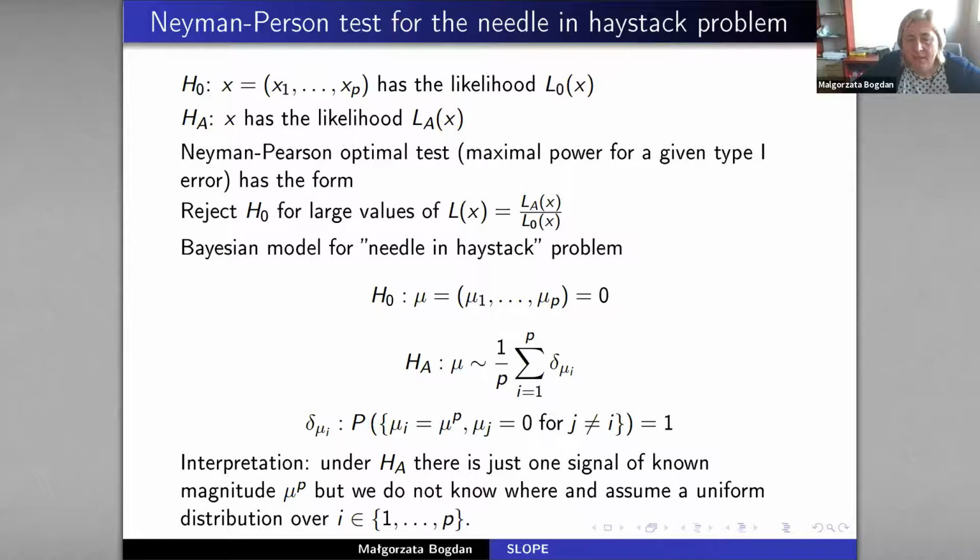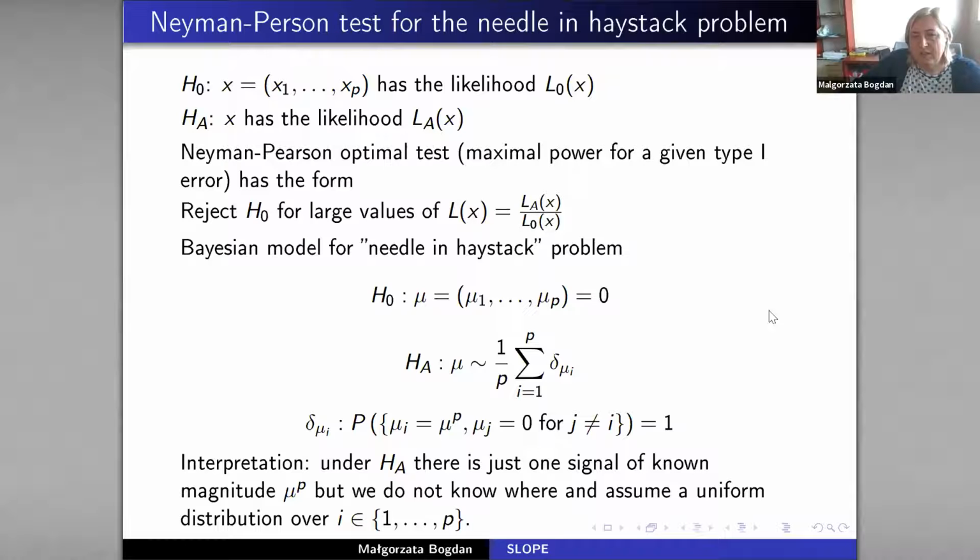The optimal test is basically based on the ratio of these densities, LA of X over L0 of X. So this is the optimal test, the Neyman-Pearson test. There is an easy proof to show that this is the optimal test. So you find the statistic, then you find the critical value, so that the probability that it is exceeded under the null hypothesis is 0.05, and you cannot find anything better than this. So we have a Neyman test.